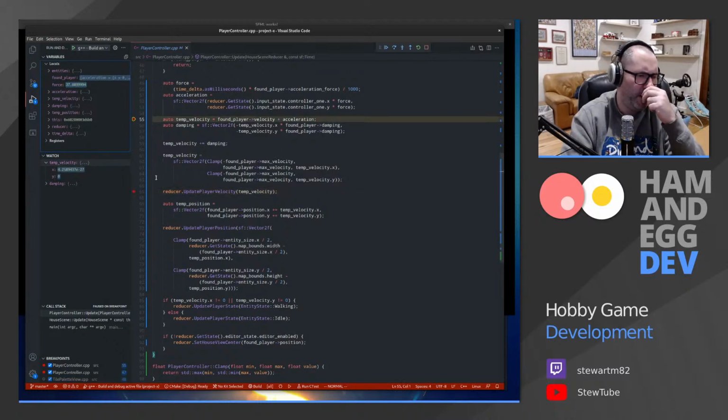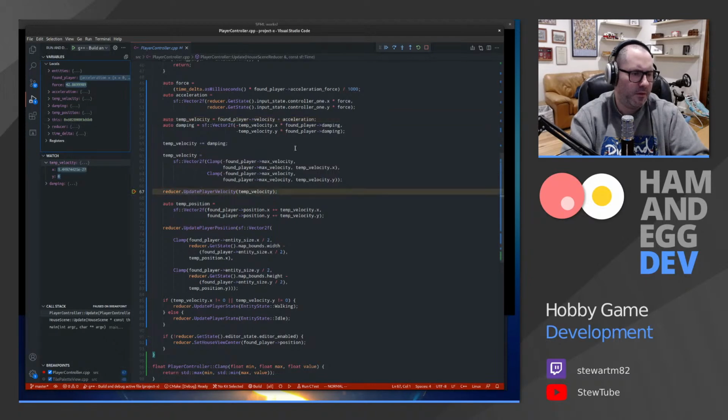All right, so we slow down. There we go, slow down to 2.2. And then when we get less than 1, something causes it to go back to 9.4. Okay, why is it doing that? That is really weird. All right, so temp velocity there is 1.4.